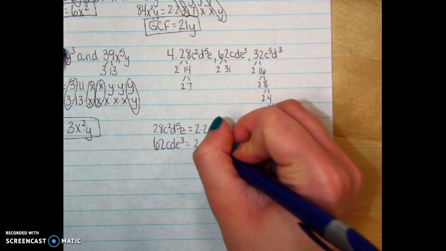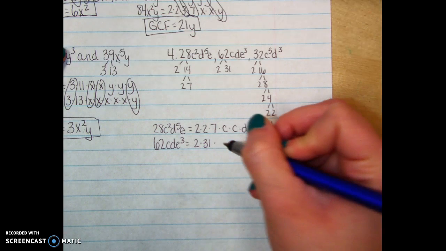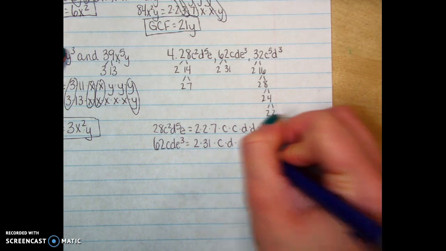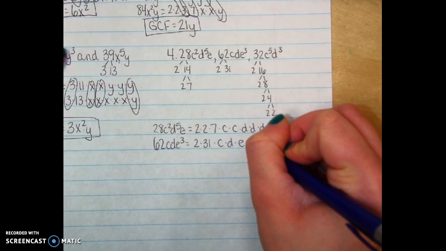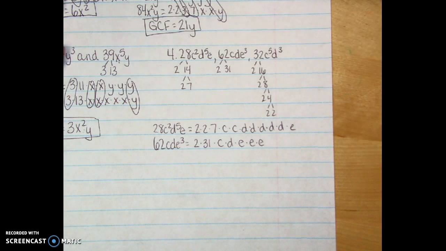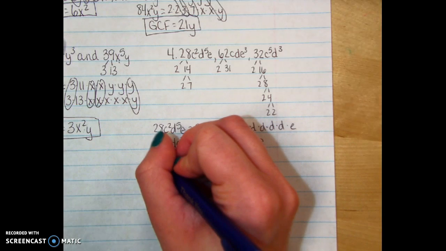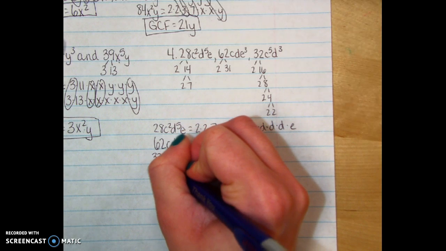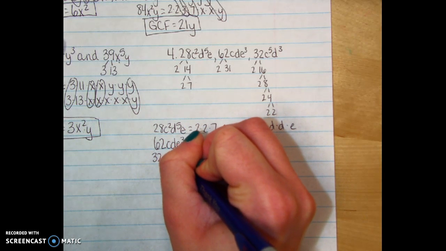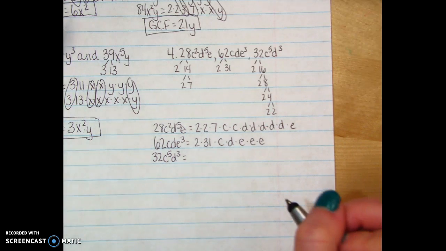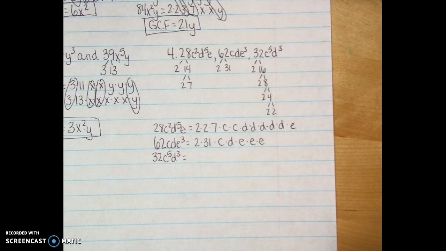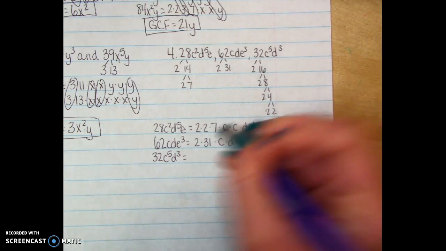This one is 2 times 31 times c times d times e, e, e. And 32 c to the 5th d cubed. It's 1, 2, 3, 4, 5.